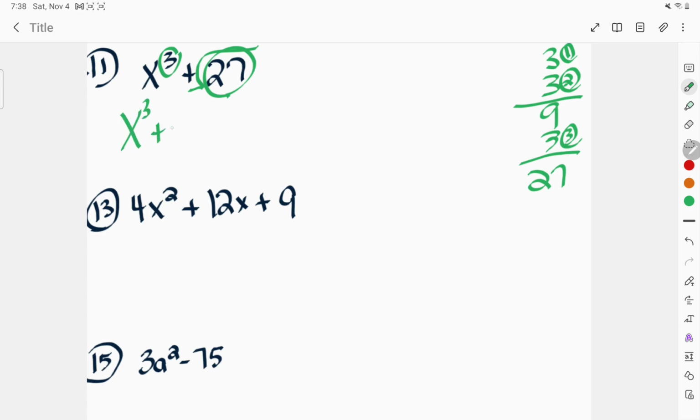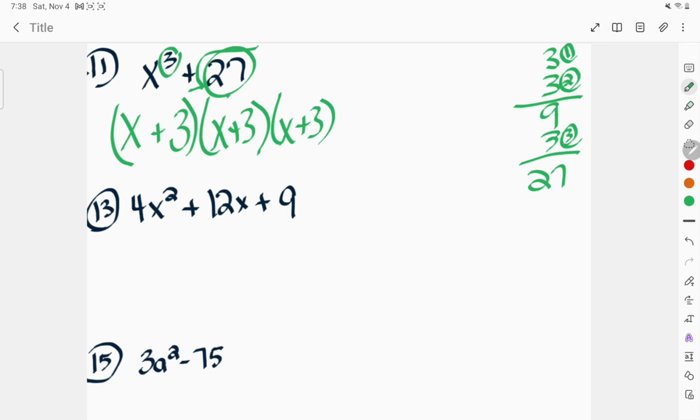So what I'm going to have is x to the third plus 3 to the third, or x plus 3 times x plus 3 times x plus 3. Okay, so then I'm going to do the full method with one of these. Only one, not the other.